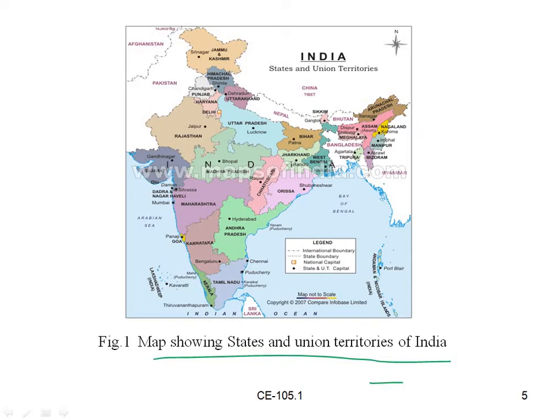How were these plans and maps prepared? Because of surveying. Surveying was done, and these maps and plans were prepared. Without surveying, we cannot prepare maps or draw plans. That is the concept of surveying.